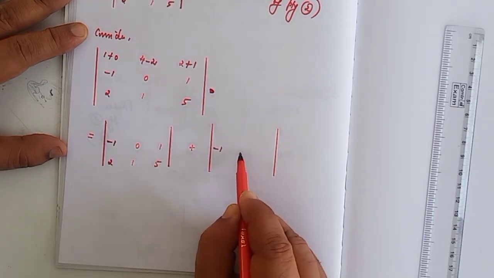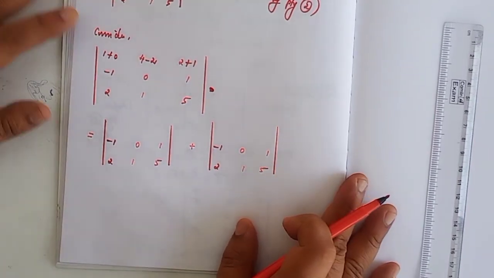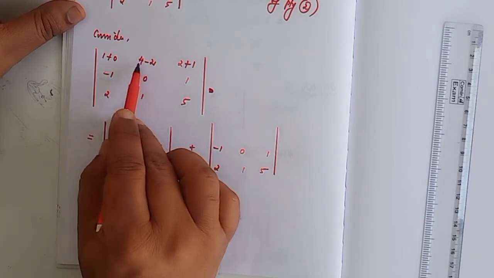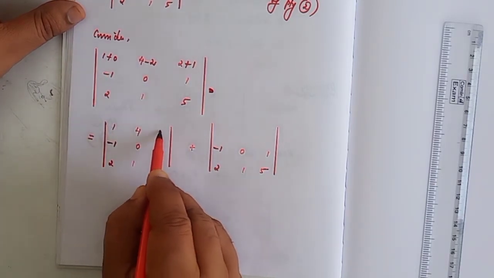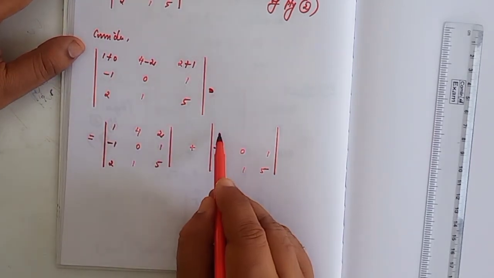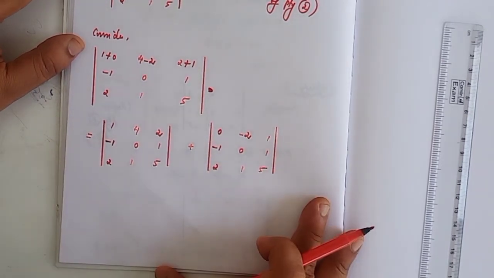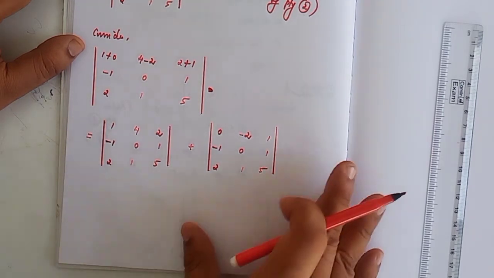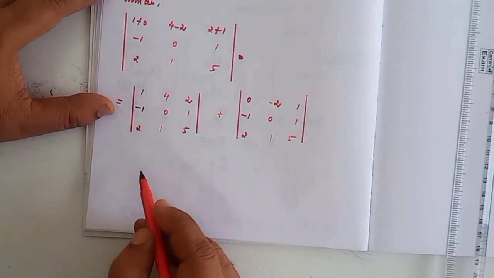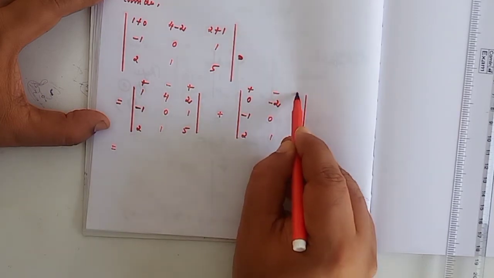Here also minus 1, 0, 1, 2, 1, 5. That is common for both the determinants. No change at all. Here, look at the first element 1, 4, 2. Right over here 1, 4, 2. What's the second number here? 0, minus 2, 1. Right over here 0, minus 2, 1. Now I am going to expand both the determinants. Finally, you will be getting the same 10. We can check. That is given in property number 7. At the top you write plus minus plus. Here also write plus minus plus.